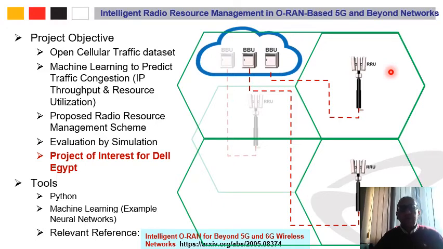So what we will do in this project is take this open cellular traffic dataset, apply machine learning to it to predict the times or the intervals of times where there will be congestion, and then we will propose our schemes on how to manage the radio resources. Should we expand the cell? How big should we expand it? And which BBUs should we switch off? Which RRUs should we extend? Which cell should we increase its range? How much should we increase its range by?